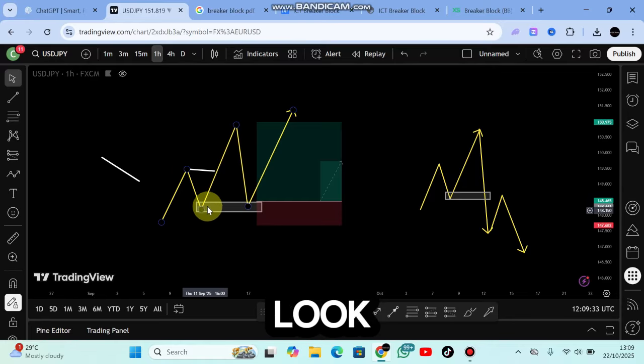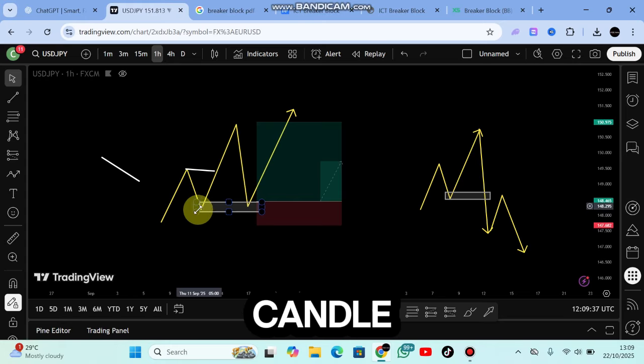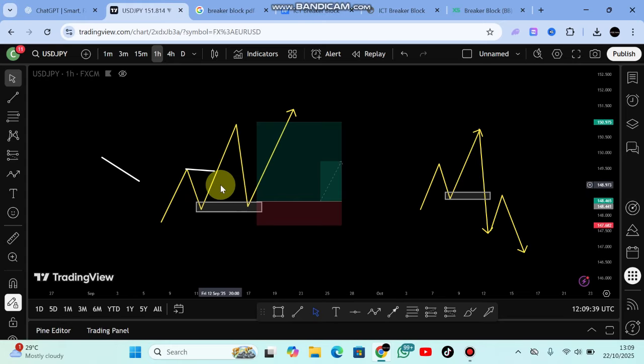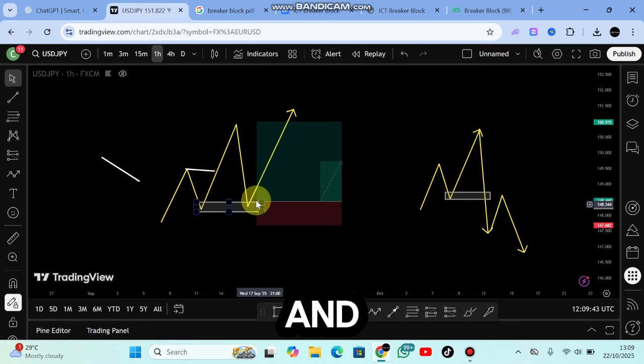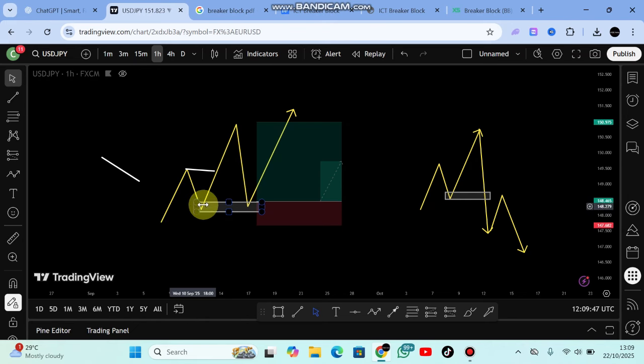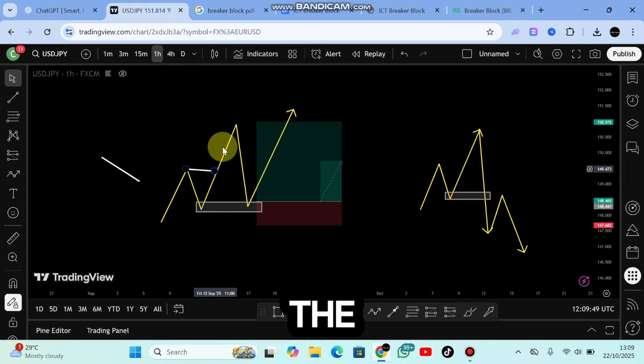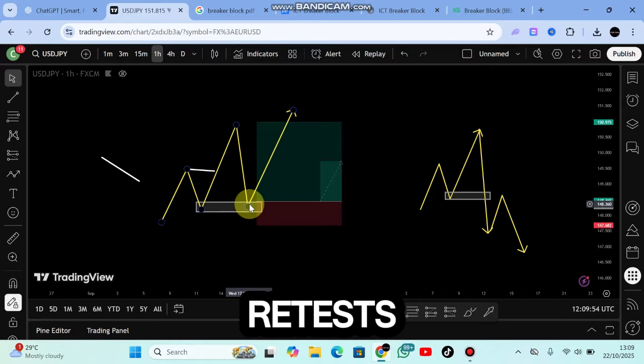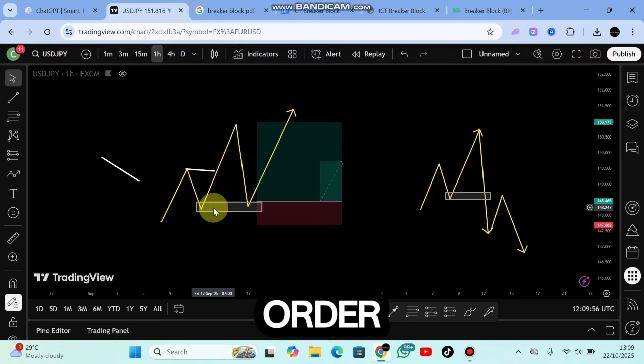Then you go down and look for the bearish candle before that bullish movement. You draw that particular candle out and wait for price to come back and retest it, because the candle before the bullish movement is the order block. Once price retests it, you enter.